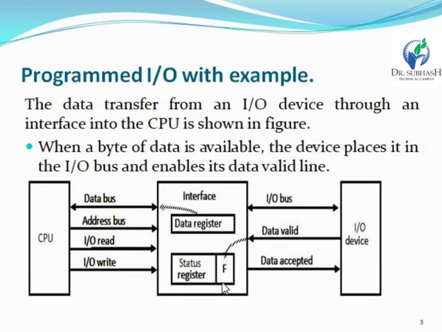It means we can see this in the diagram. If the flag bit is 0, the process starts again initially. If it is 1, then data will be transferred from the IO device to the CPU. So this is the basic concept of the programming IO interface, where data is transferred from the IO device to the CPU.